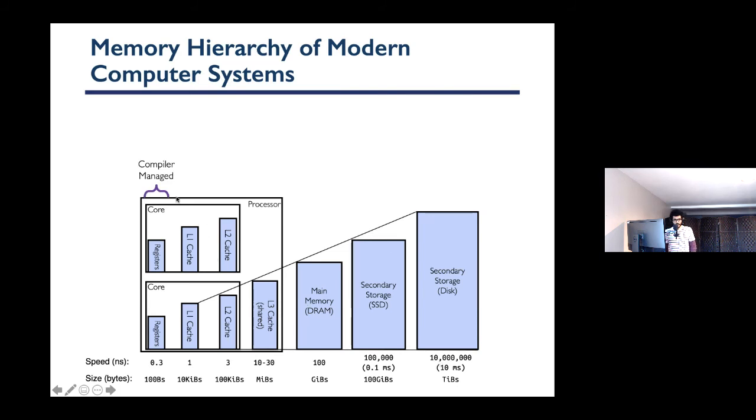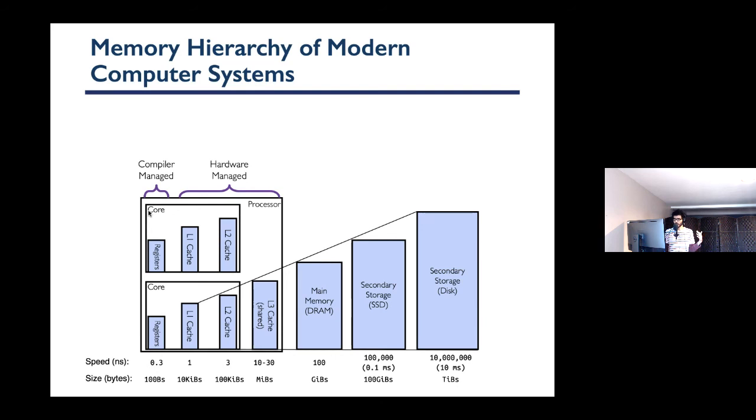Usually registers are managed by the compiler, so they're sort of transparent to the programmer unless they're programming in assembly. Usually the compiler decides which registers to use, so you just trust the compiler to use the registers in an efficient way. Then you have L1, L2, and L3 caches. These are absolutely transparent to the programmer.